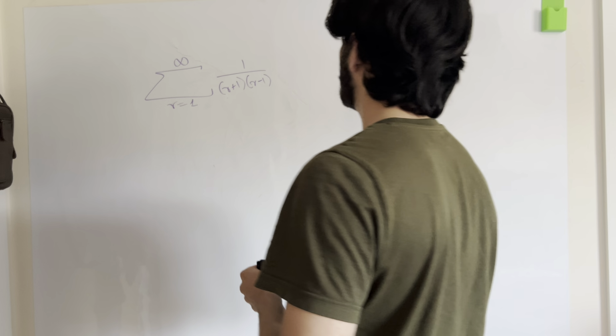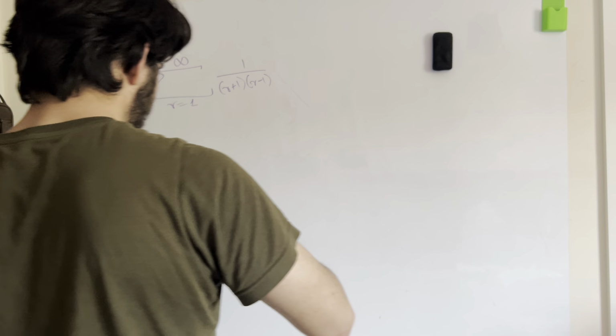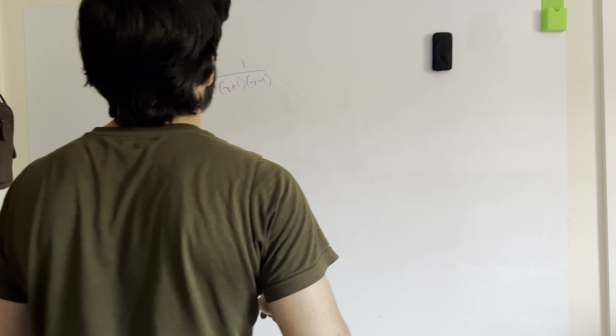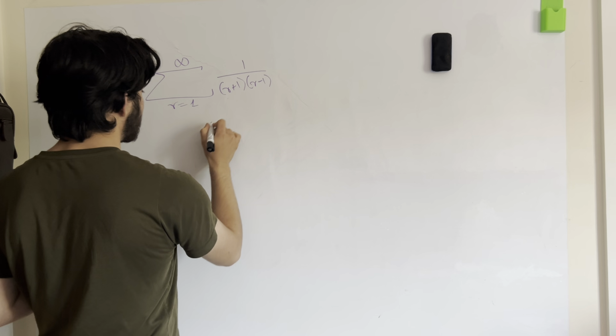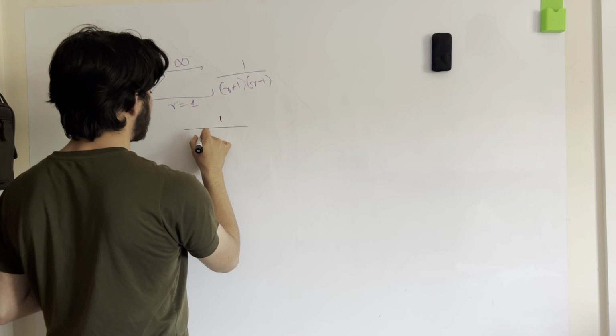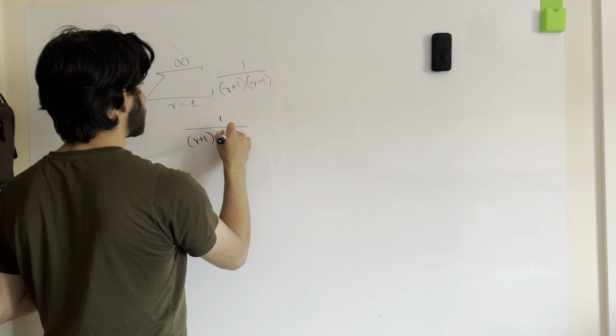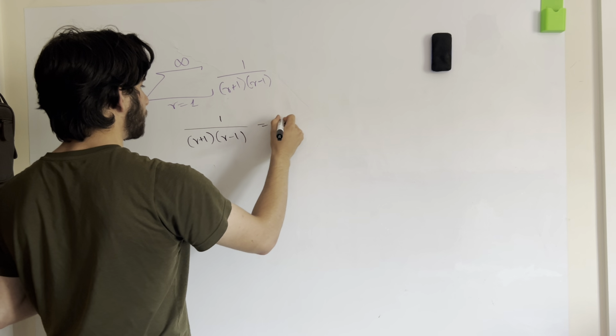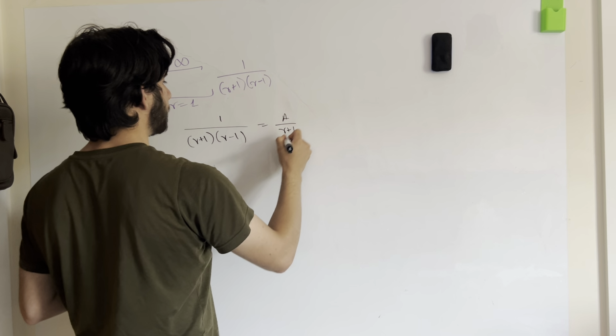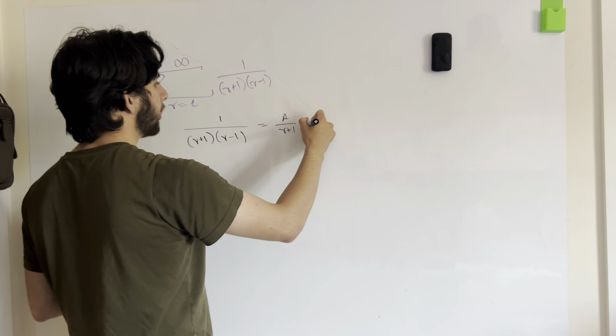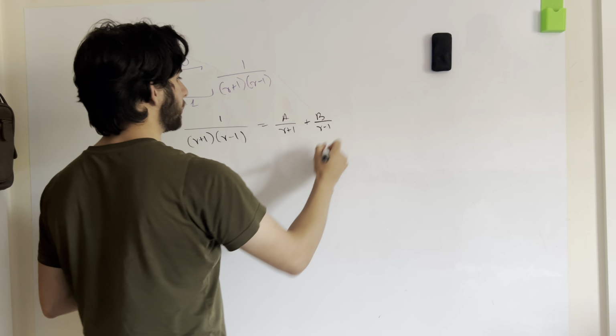What you're required to do over here is observe this fraction that you're trying to sum and split it into smaller partial fractions. So this will be equal to a over r plus 1, because that's one linear factor, plus b over r minus 1.